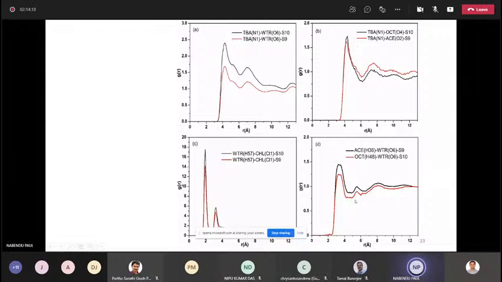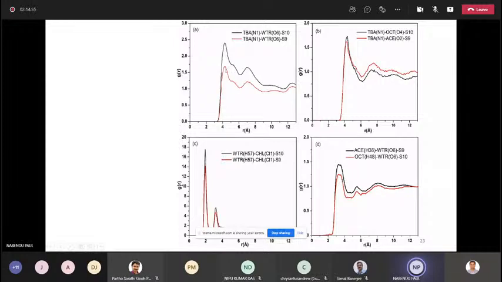In figure D, you can see that acetic acid has higher interaction with water than octanoic acid, and due to this the TBA cation has less interaction with water, because the water molecules of the S9 system are so closely interacting with the acetic acid molecules that the TBA molecules are not getting enough water molecules to interact with.